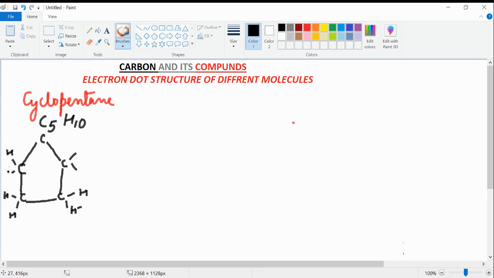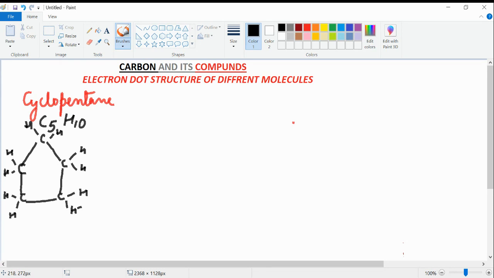So we have to complete the tetravalency of carbon. You should be careful that each carbon atom must be bonded with 4 other atoms, whether it may be hydrogen or it may be carbon. Now you can see that each carbon is bonded with carbon atoms and 2 hydrogen atoms.